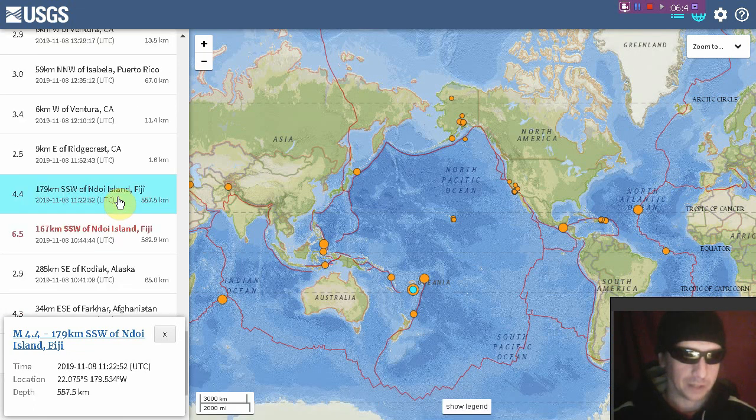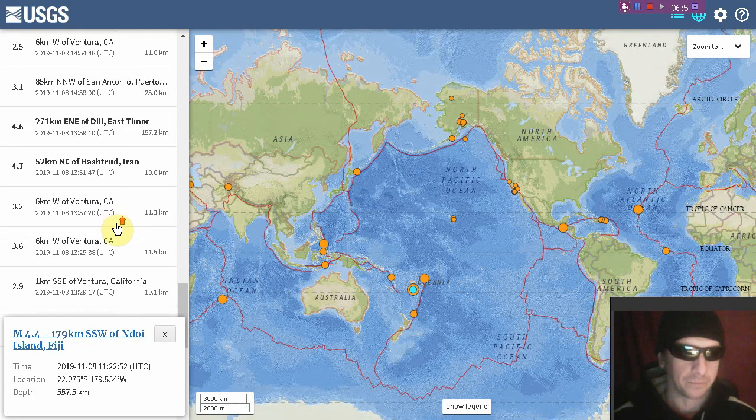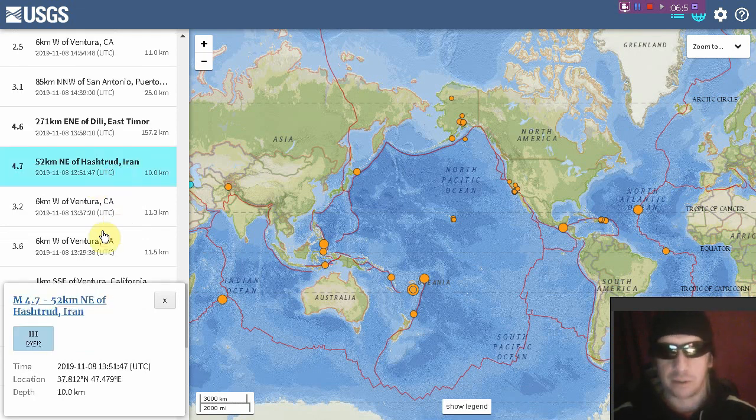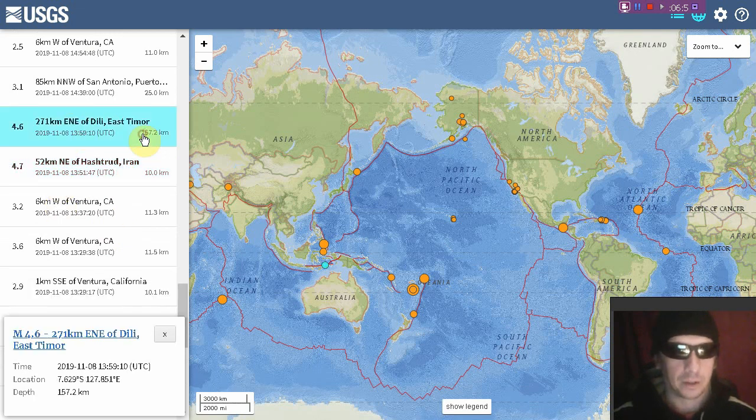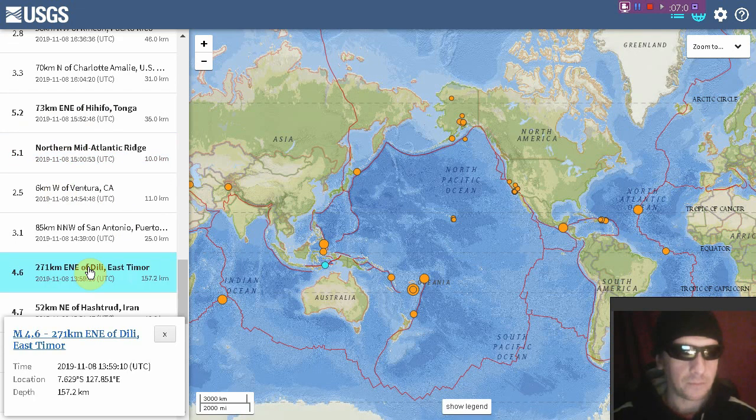And that 6.5 came in at 10:44 UT yesterday morning. Next we see a 4.7 in Iran, as they do not need more quakes there, as I guess buildings crumbled with their last quake. 4.6 at East Timor, and that one's at 157 kilometers depth.